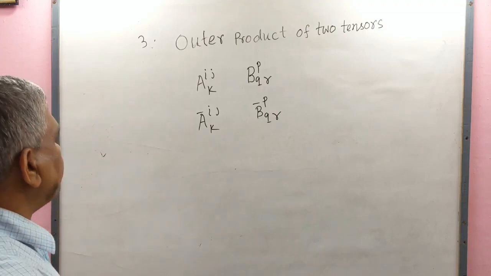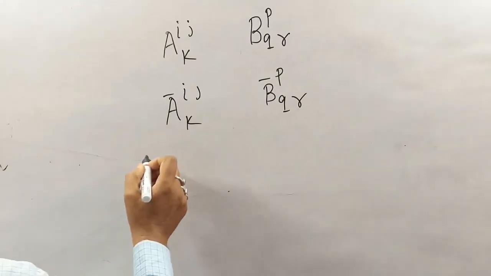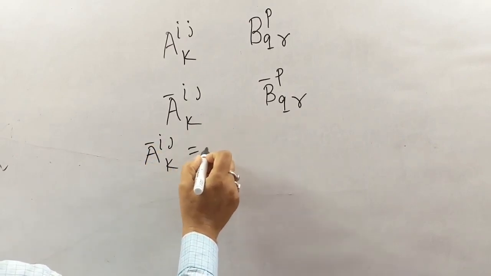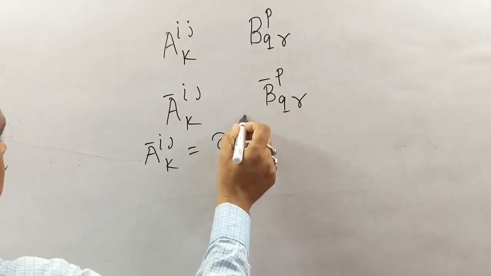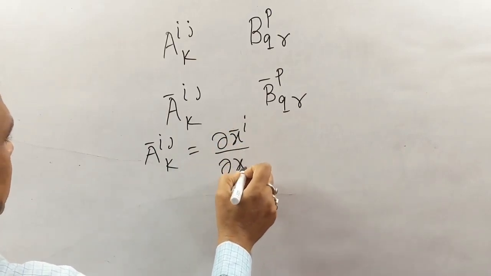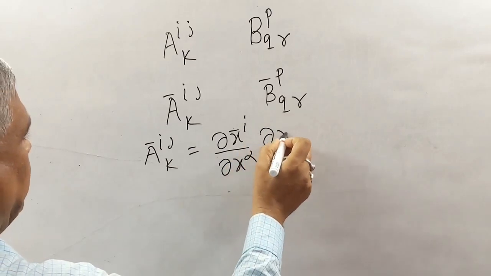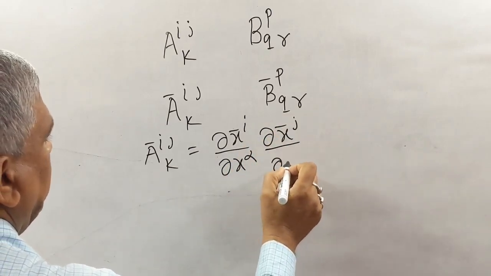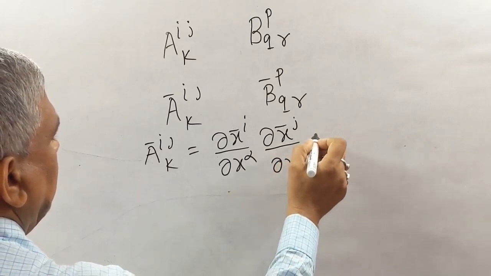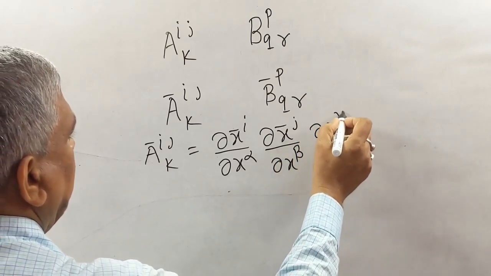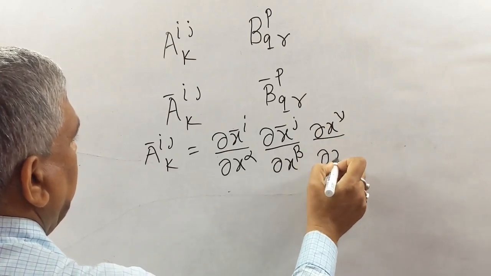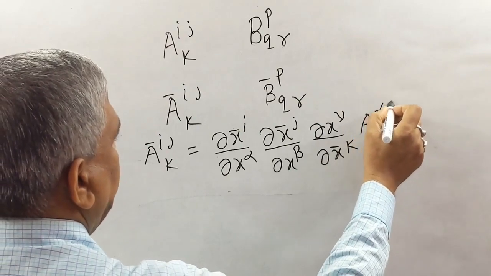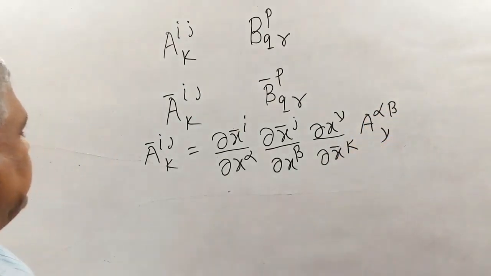According to the tensor law of transformation, we write A bar ijk equals del x bar i by del x alpha, del x bar j by del x beta, del x gamma by del x bar k, A alpha beta gamma.